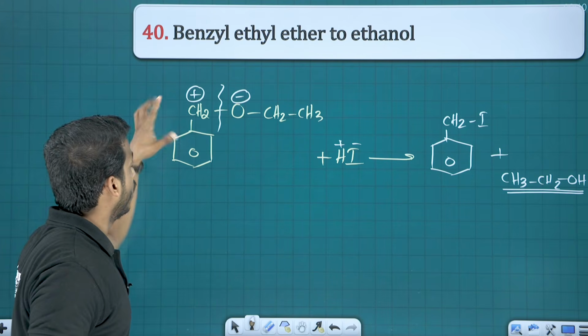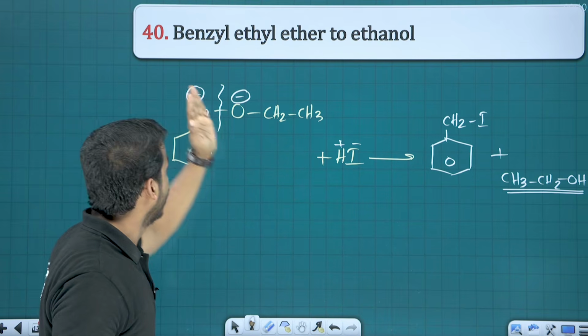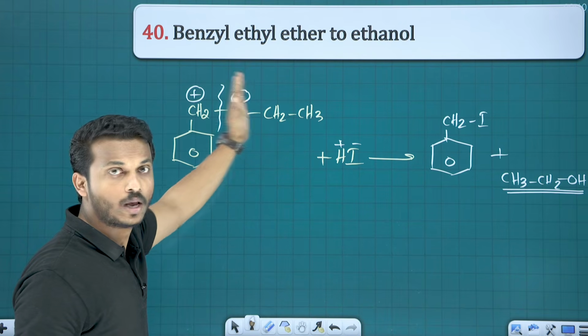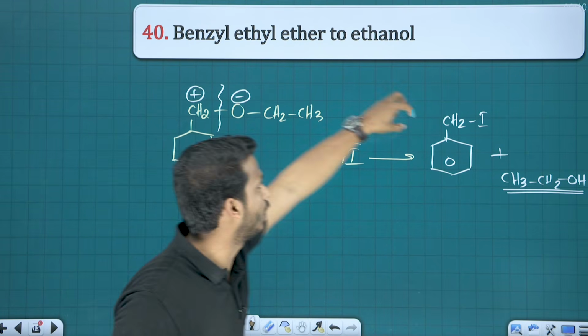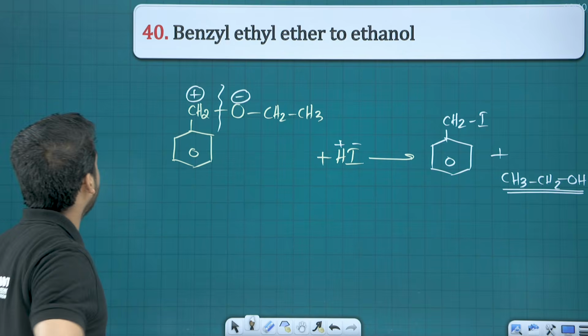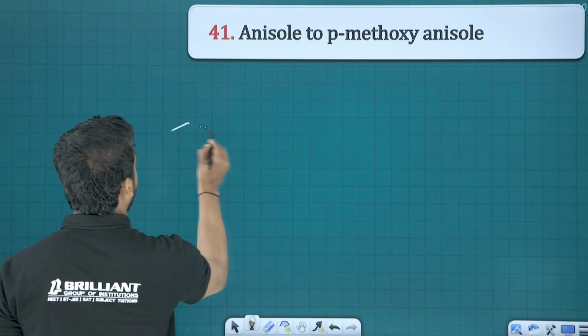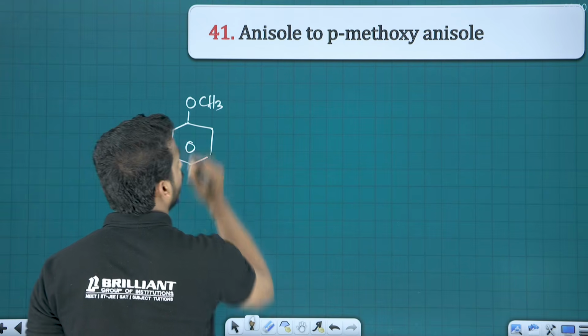So this is benzyl ethyl ether. When we react with HI, this bond we need to break, not this one, because it gives more stability to the benzyl carbocation, and on the positive place the iodine and on the negative place the H plus. Ready. Next one, anisole. What is anisole? Benzene with the OCH3. Anisole. How to convert?